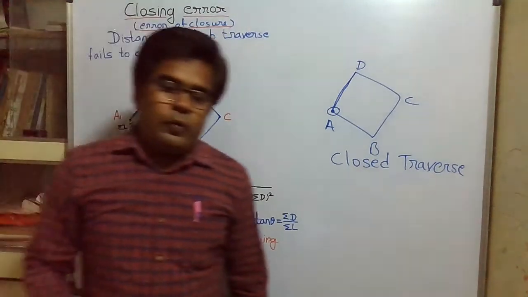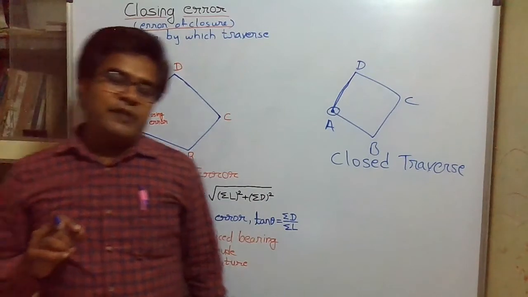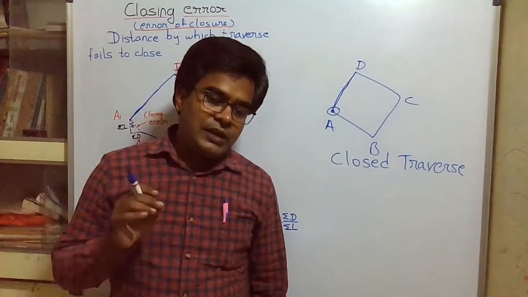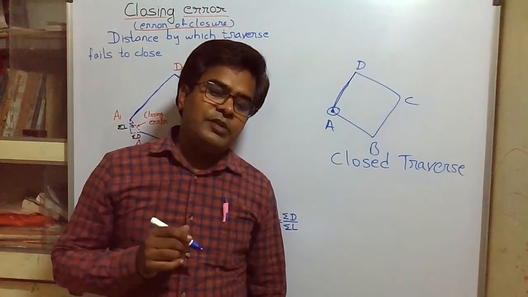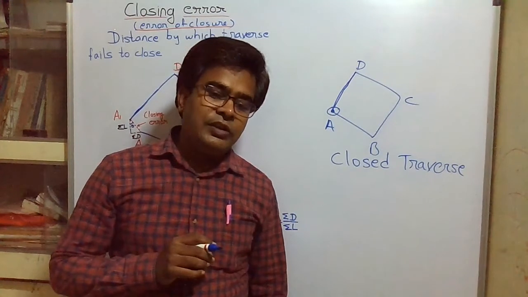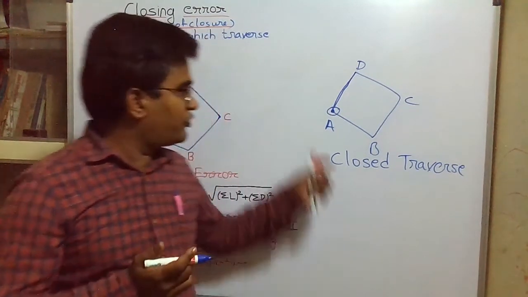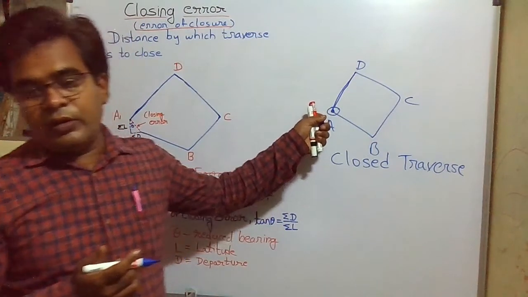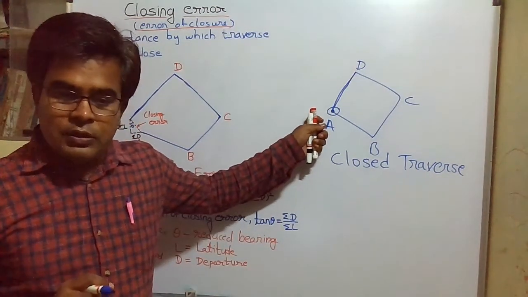But when we do surveying on the field, we make some mistakes in measuring length or in measuring angle, or there will be some mistakes while writing the readings. This results in this closed traverse not closing when we plot it on the sheet.